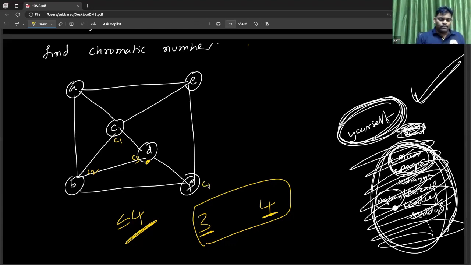Yes. Can I keep C3 here? Yes. What can I keep here? Can I keep C3? No. C1? No, I think C2. Yeah, fine. 3 colors are enough.